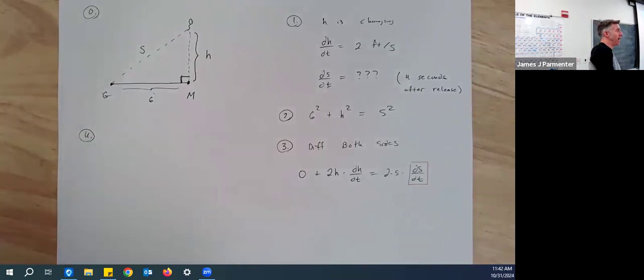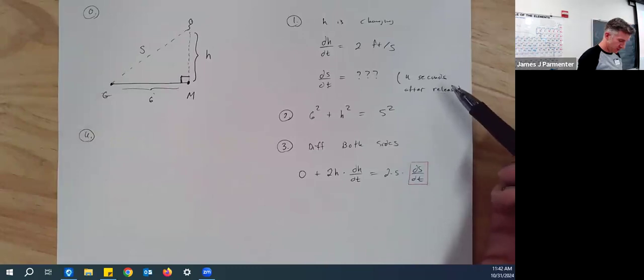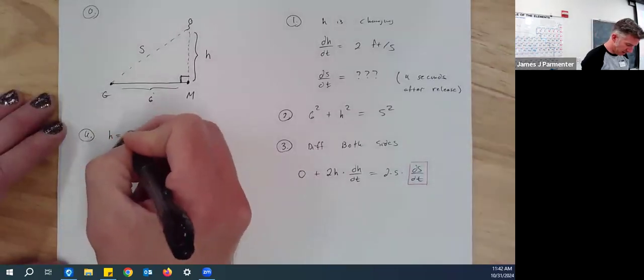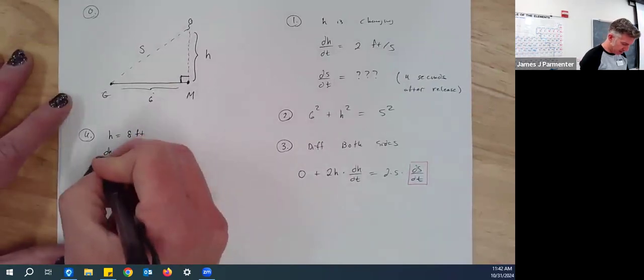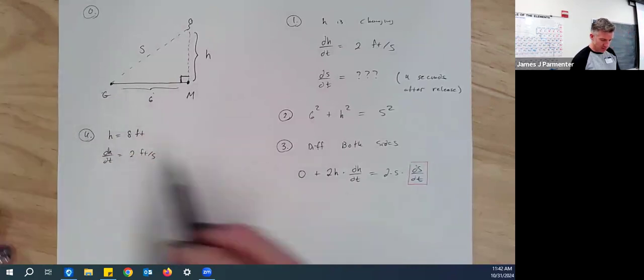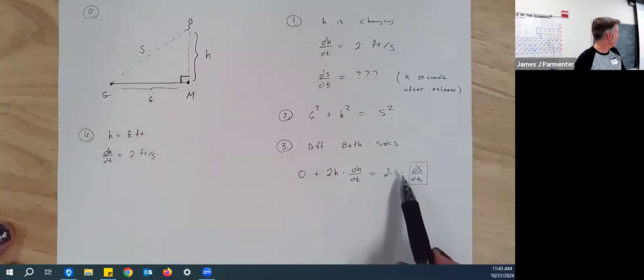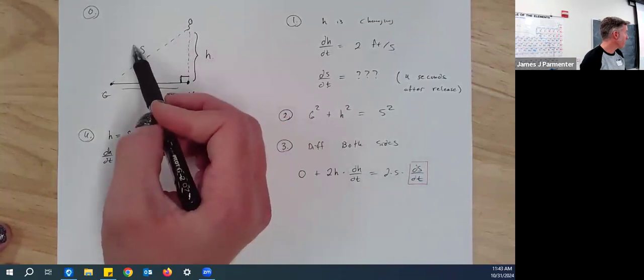So the balloon is rising at 2 feet per second, and we've let this go on for 4 seconds. So it's 8 feet high. So we have h equal to 8 feet high. We know that dh dt is 2 feet per second. And we also better be able to figure out what s is. And we can, because we know that 6 squared plus 8 squared will equal s squared.